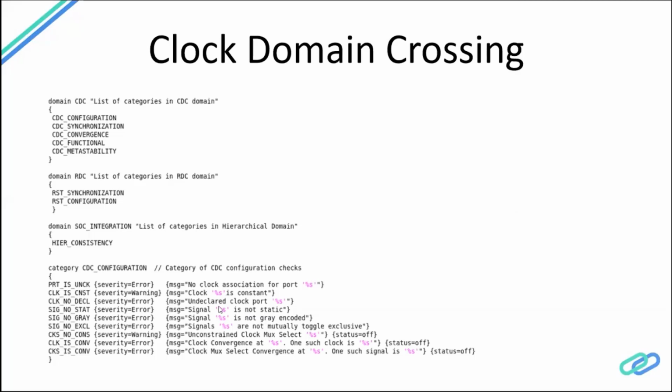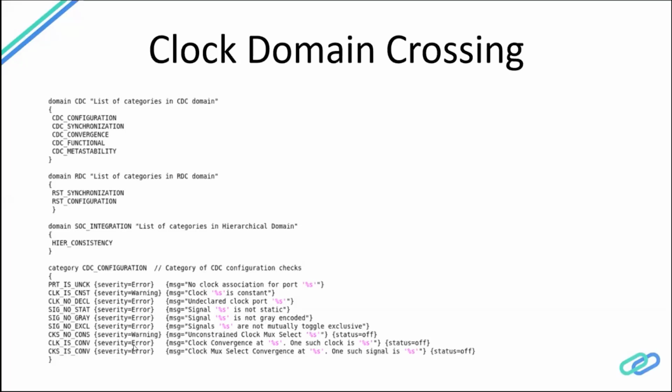There's a warning if there are any clock ports which are not declared, or any signal which is not static or not gray encoded. Based on this, we can change the severity in the design if we know what kind of code we have written.